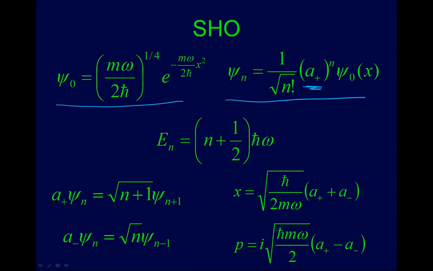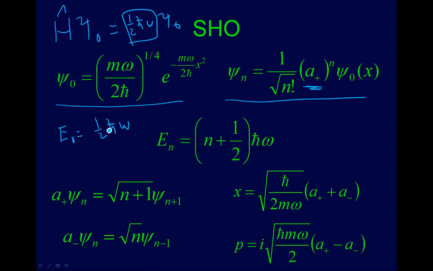Now, since we know the ground state, we can take H psi 0, and if we do that, you can try this yourself, you come out with an energy of 1/2 h bar omega times psi 0. So the energy of the ground state, we'll call it E0, is 1/2 h bar omega.